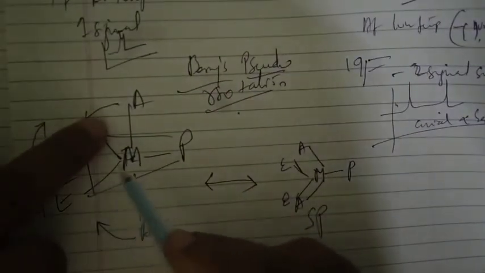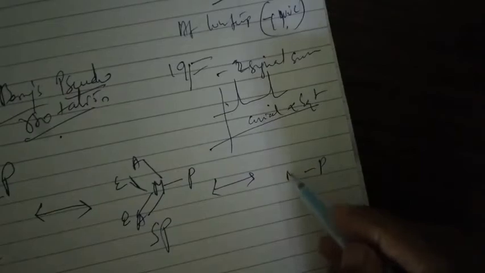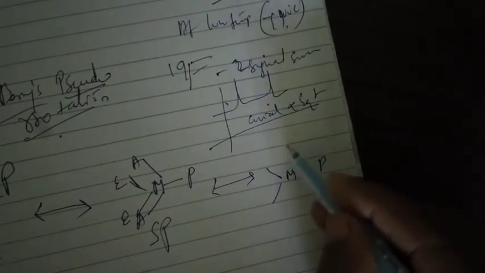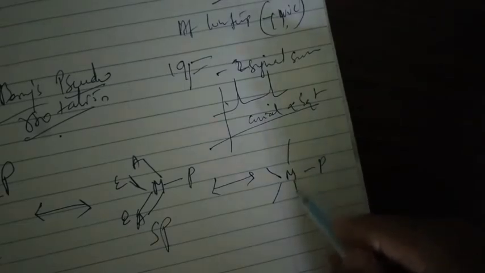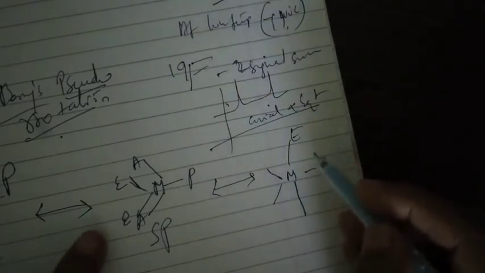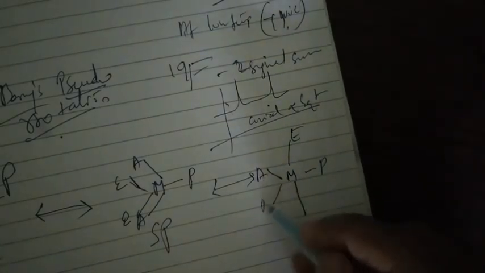Equatorial is going up to axial and axial is coming down, and finally you get the compound where whatever was axial comes to equatorial, and equatorial comes to axial.